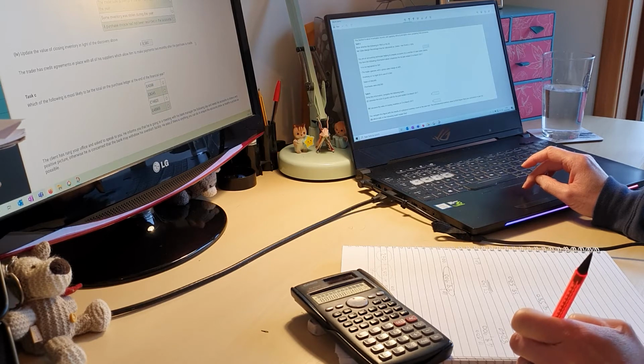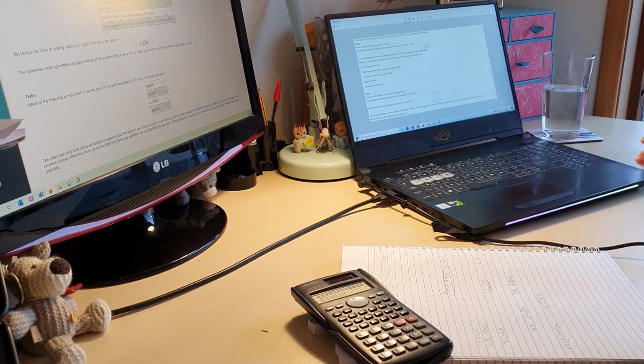The trader has credit agreements in place with all of his suppliers, which allow him to make payments 2 months after the purchase is made. Which of the following is most likely to be the total on the purchase ledger?